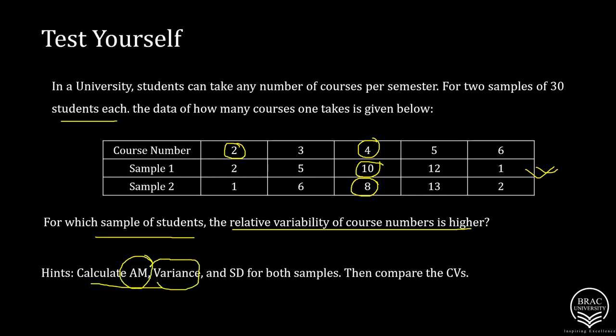You already know how to find them, and remember this is a sample, so you should use the sample variance, and after that the standard deviation, just take the square root, and then compare the coefficient of variation, that is, take the ratio of SD and AM and express it in percentage.